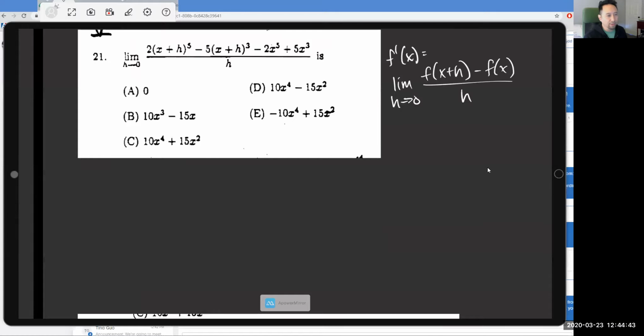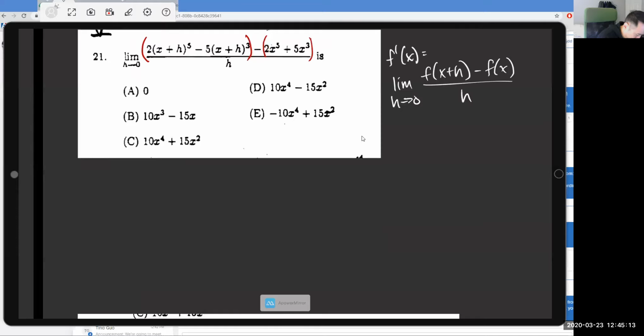h. Now, the idea here is, you kind of have to recognize, well, what is f of x plus h and what is f of x, right? Now, if I section this off here, with a parentheses here, and then section this guy off here, it looks like f of x is going to be, now remember, there's a minus right here, right?